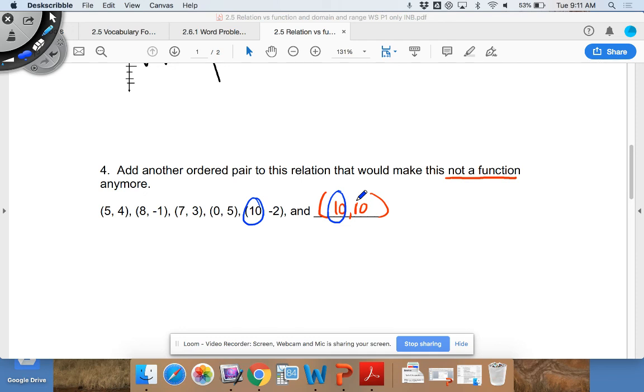Are there like 1,000 possibilities though? Yes, any x value, if you repeated it as the x value, that would make it not a function. Does the y matter at all? No. If we put something that had a -2 as the y, it doesn't matter that those repeat. It matters that the x value repeats. Okay? So all good on that? Okay.